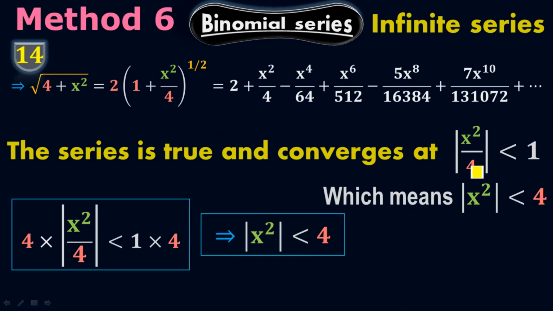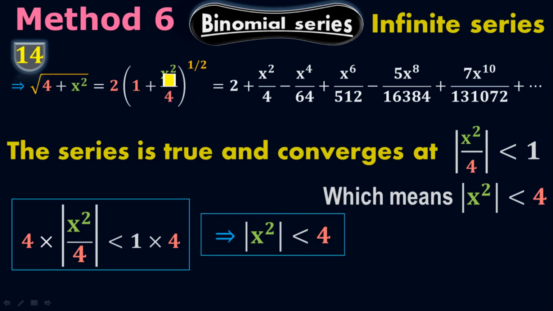From modulus of x squared over 4 less than 1, we got that modulus of x squared must be less than 4. When you multiply both sides by 4, 4 cancels with the 4 on the left, and on the right you have 1 times 4, which is 4. Therefore I have modulus of x squared less than 4, which means that x squared must be less than 4. Only then will modulus of b be less than 1.